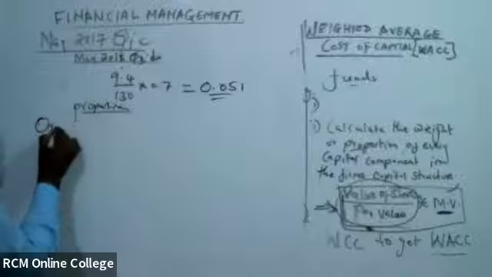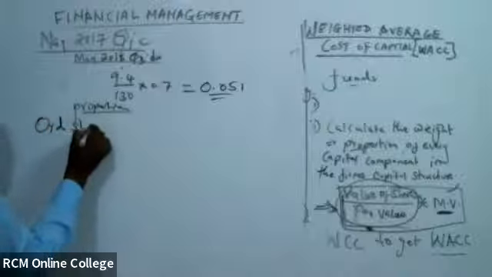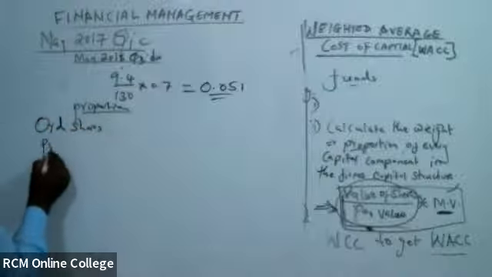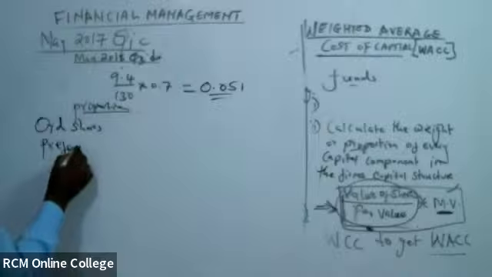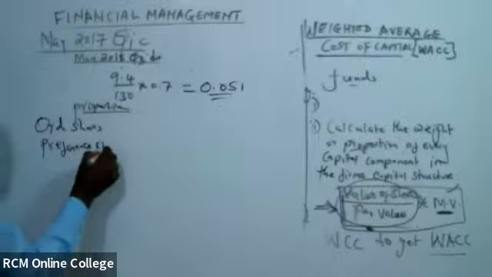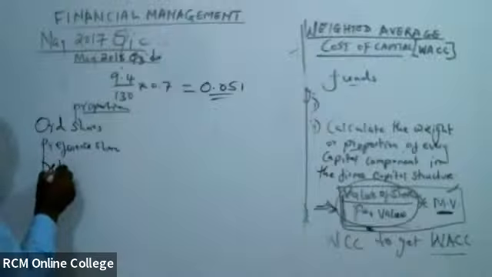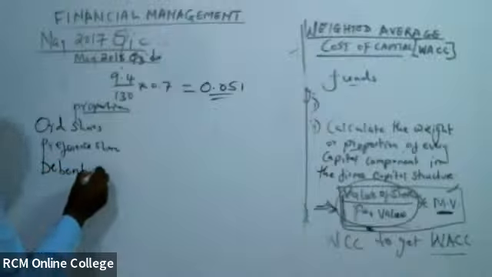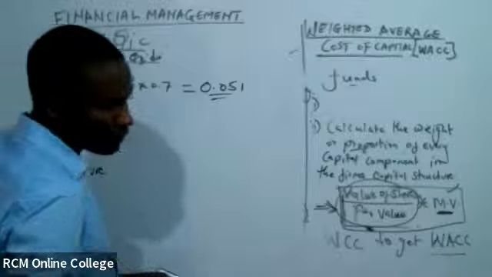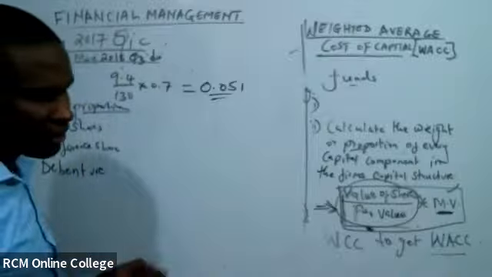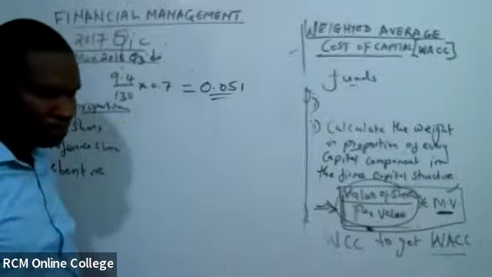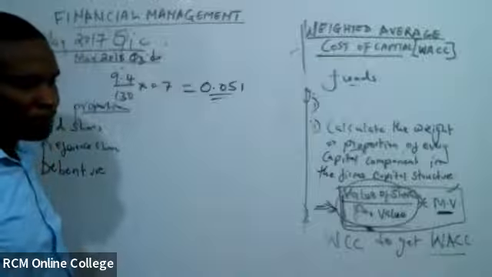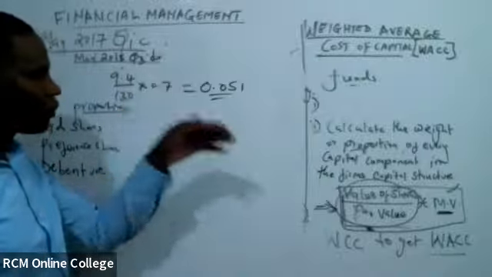So tunaanza na ordinary share. Twende ya preference share. Twende ya debenture. So class, muniambie. Guide me how I'll get this.